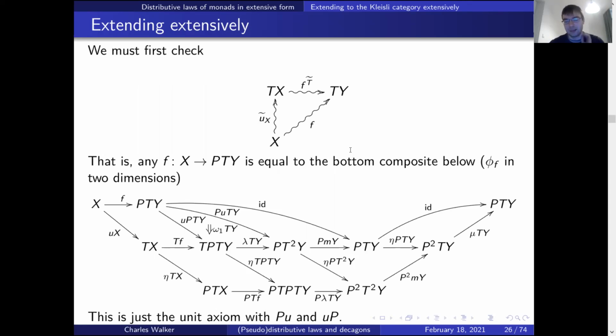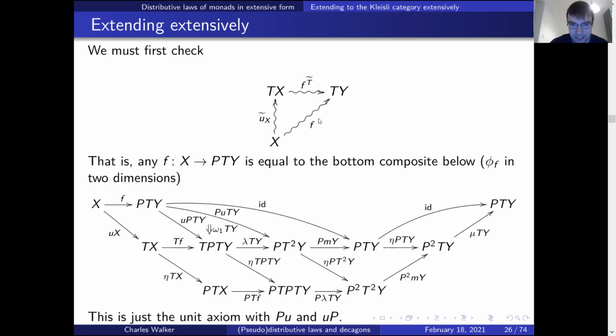So in one dimension, we're meant to check that these diagrams commute. What does this condition actually tell us? It says that for any F, this composite along the top should be equal to this composite of these 2 things here. If you work out what U X twiddle is, and what F to the T twiddle is, and then use the formula for composition in the Kleisli category, you'll end up with this composite going along the bottom.